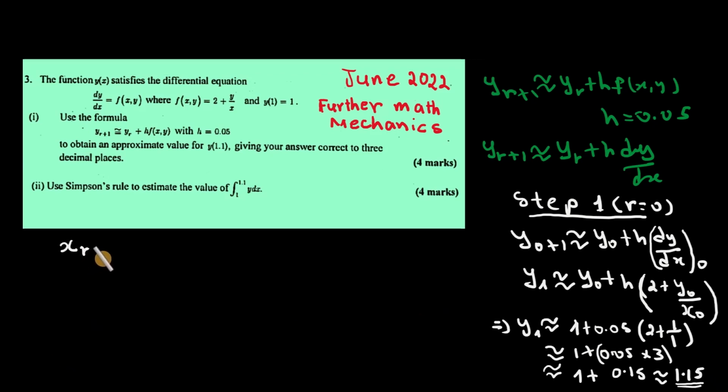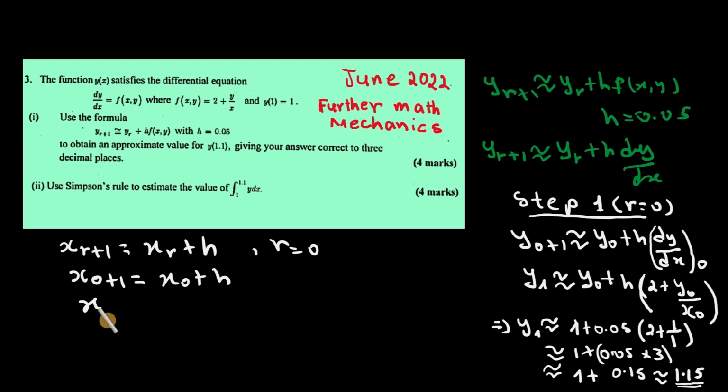From the formula x r plus 1 equals x r plus h, which is the formula to obtain the value of x at each step, it means at r equals 0, x0 plus 1 is equal to x0 plus h. That is, x1 is equal to x0 plus h, which is 0.05.